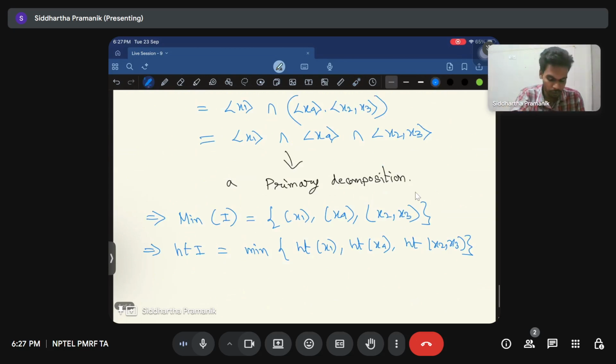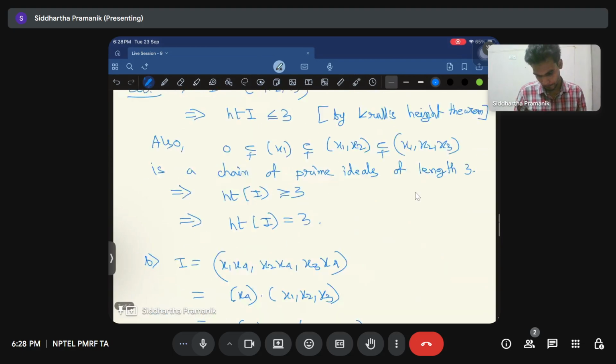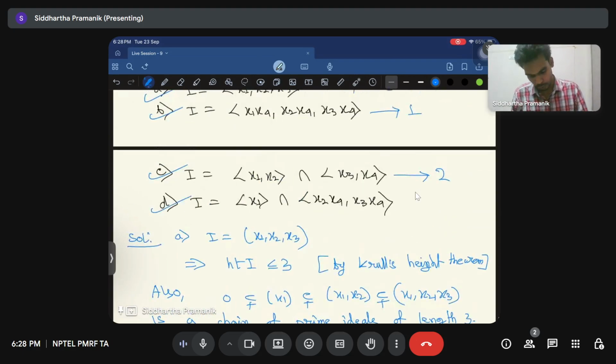Again, use Krull's principal ideal theorem and Krull's height theorem. Then it is just the minimum of 1, 1, and 2. The height of this one is 1, this one is also 1 by Krull's principal ideal theorem. For this, it will be 2 by Krull's height theorem, and we can get a chain of prime ideals of length 2. So this height is basically 1. So the fourth one is also complete.